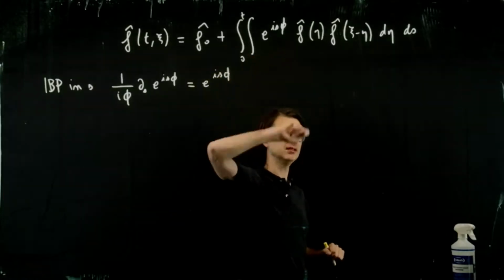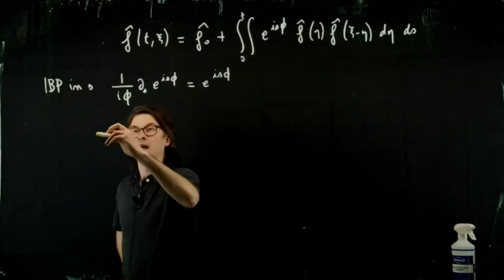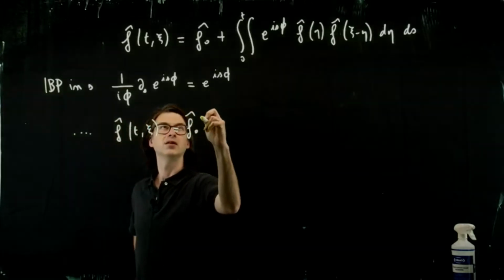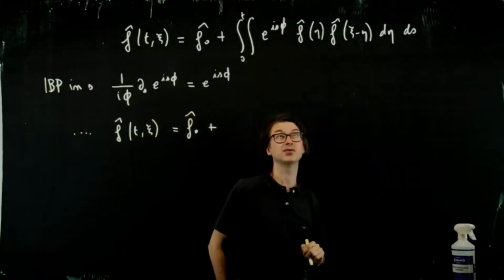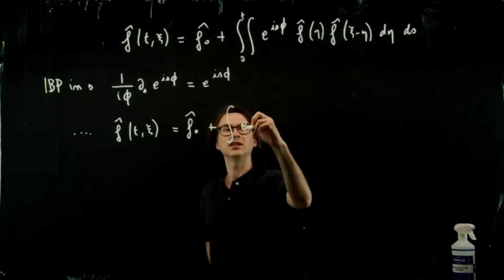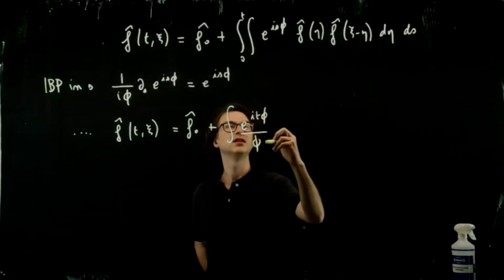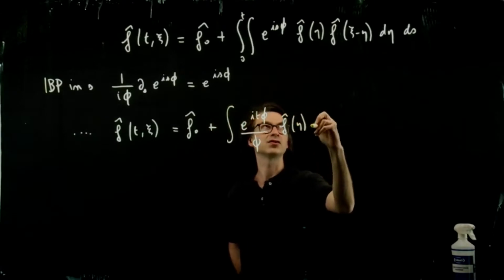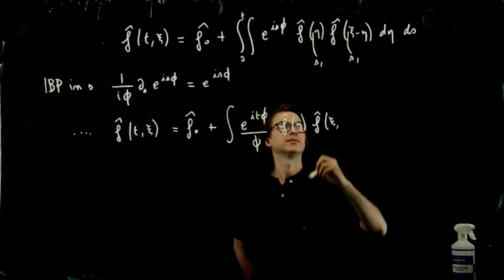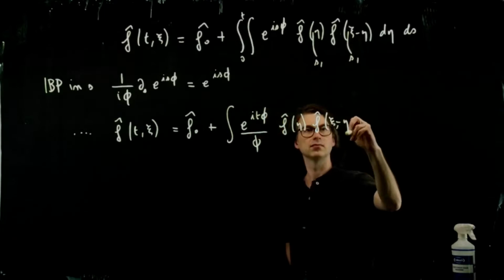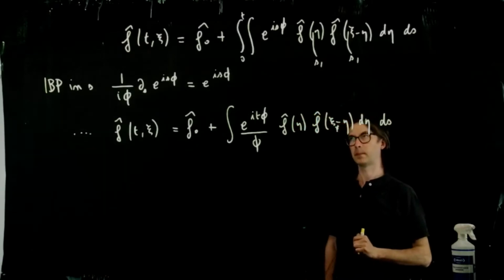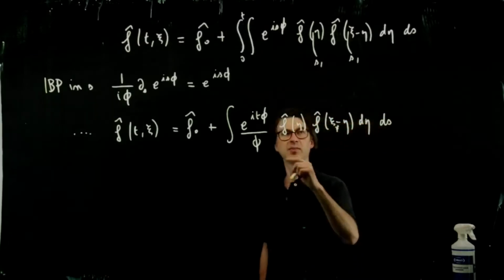You plug this in the integral, and you integrate by parts. What you get is the following. First, there are boundary terms that have to do with the fact that this integral has bounds, and you get e to the i t phi divided by phi, f hat of eta. I omit a few constants and signs. So that's the boundary term.